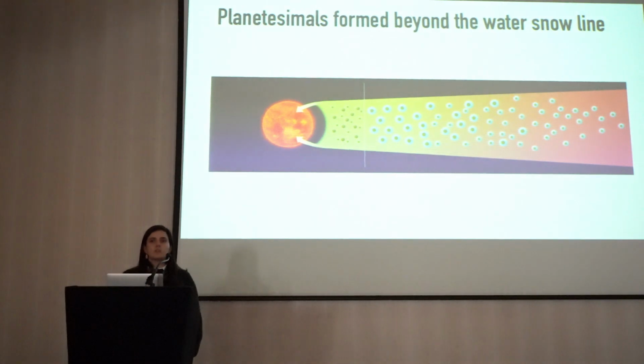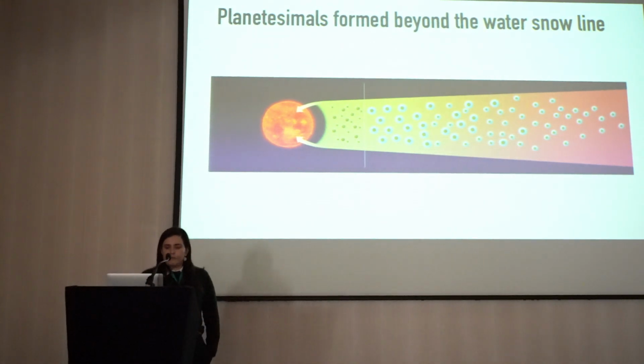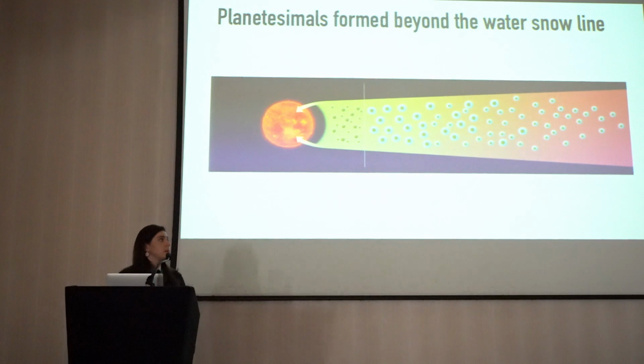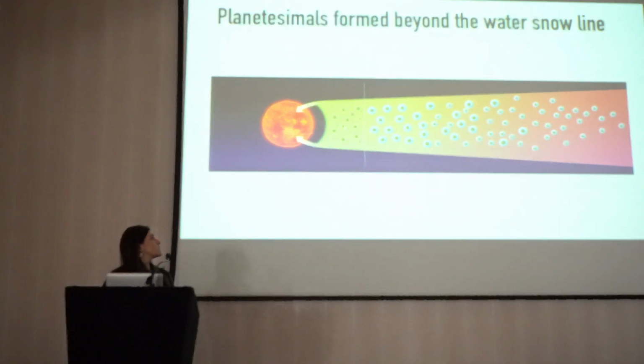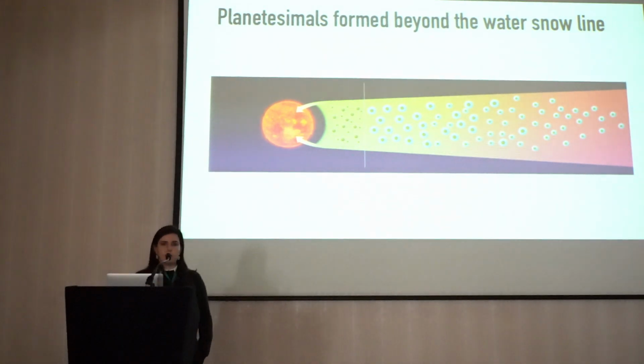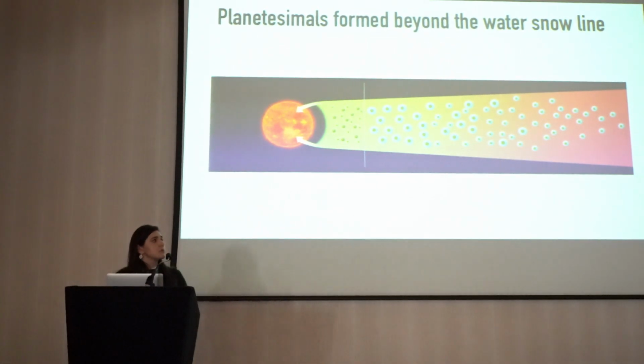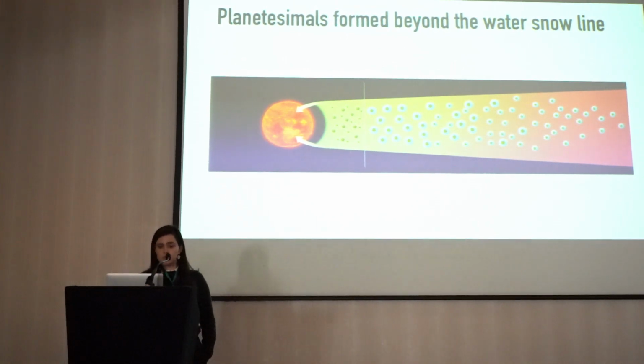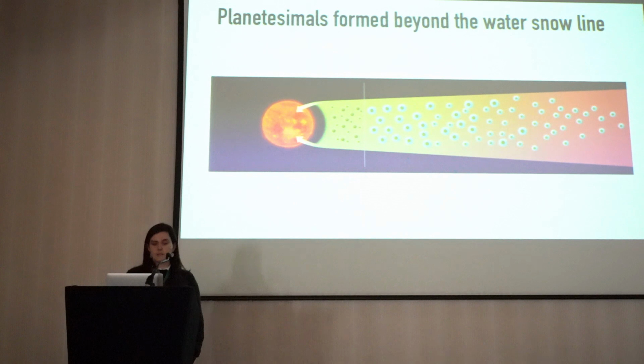And the distinction traditionally in the literature and in the field has been that asteroids are planetesimals, which are formed closer to the Sun, so they don't have any ices left in them, while comets source from this population, which is formed at higher heliocentric distances, and therefore they have ices in them.